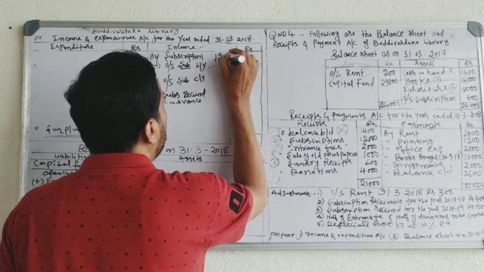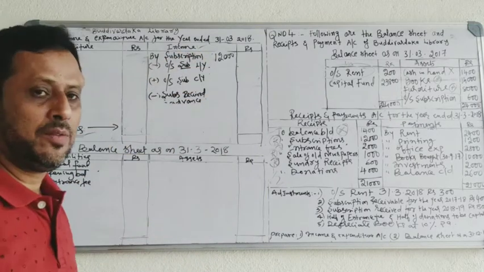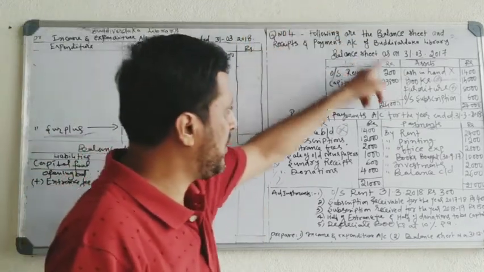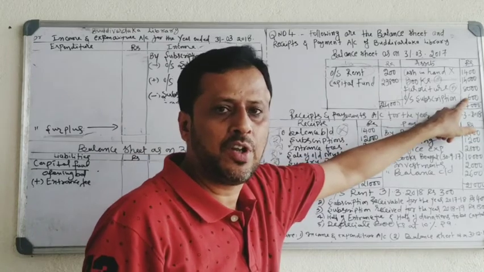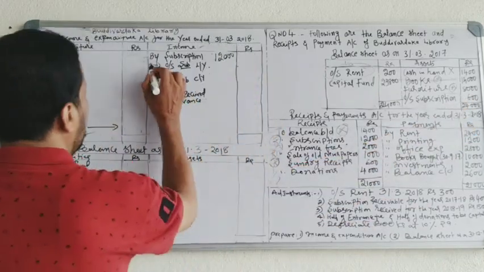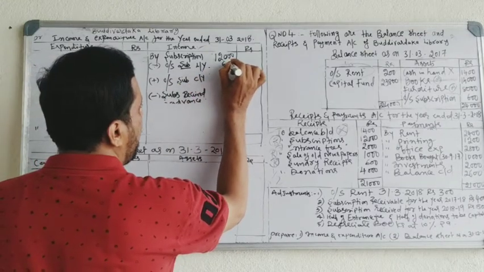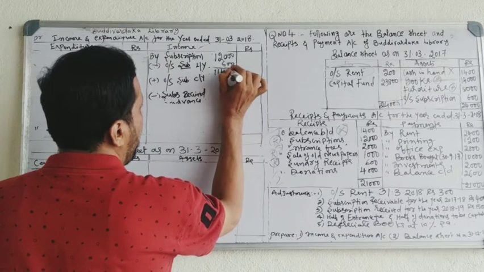Now to this subscription, the outstanding given in the balance sheet: subscription outstanding of 600 rupees given in the balance sheet, you have to deduct. Less outstanding subscription of last year, 600, gives 11,400.